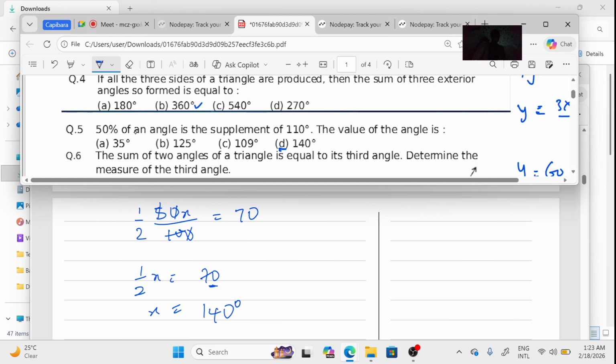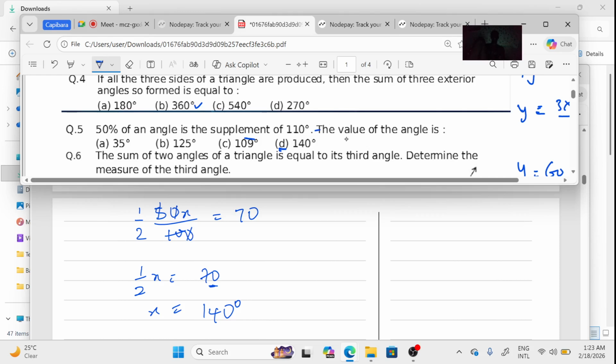Look at the question. 50% of an angle is a supplement of 110. 50% of 140 is 70. That means 70 is the supplement of 110.